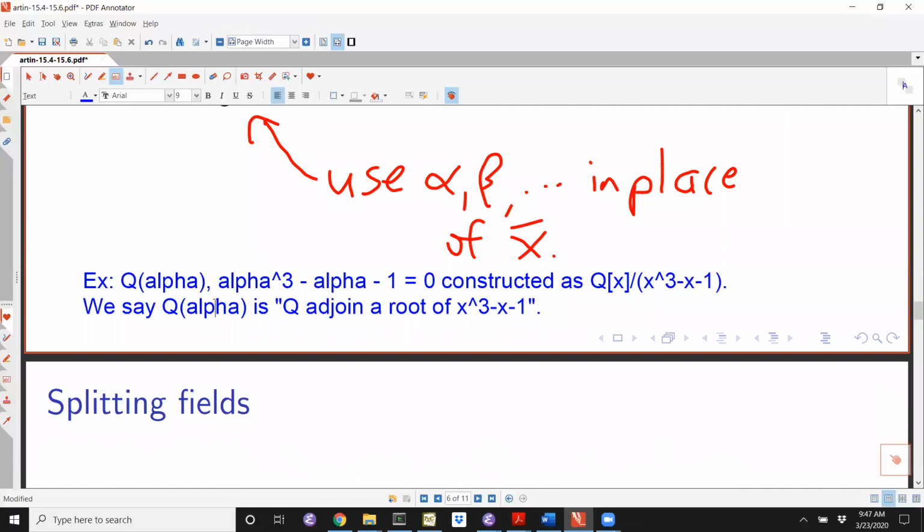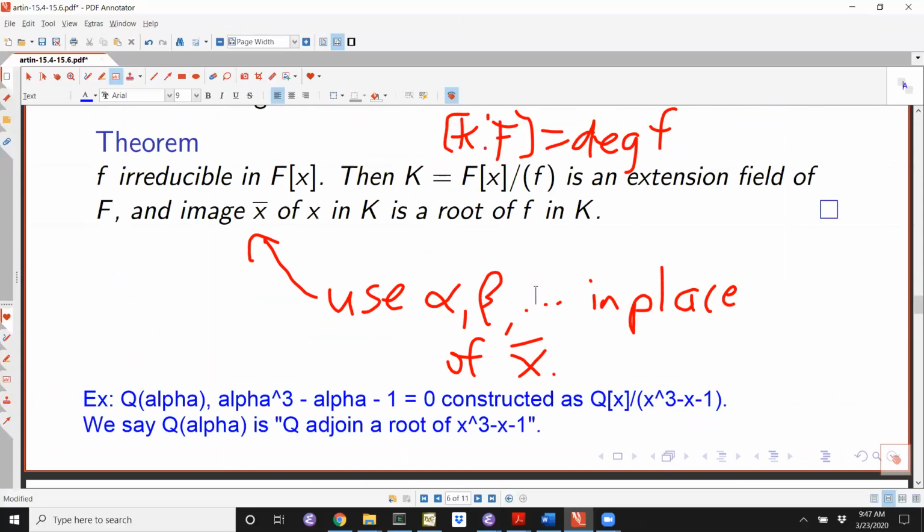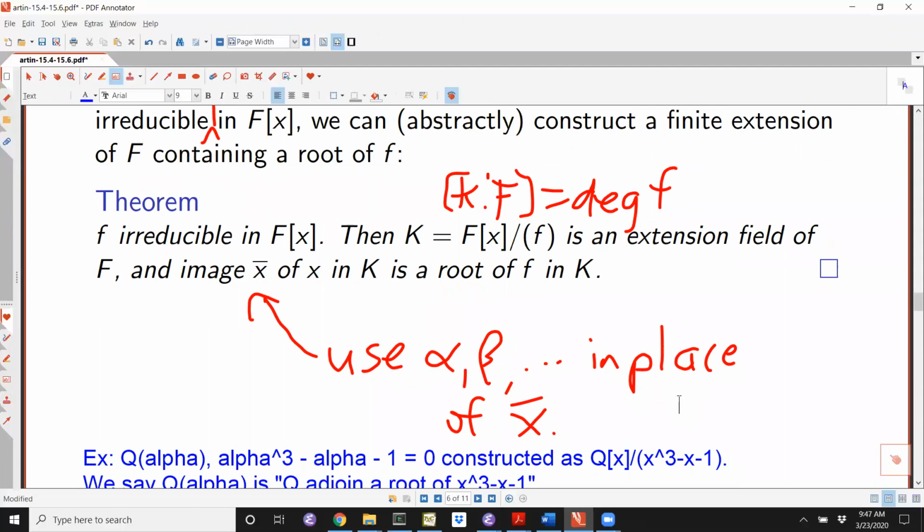So how do I construct an extension of Q that has a root of x cubed minus x minus 1? Well, I do exactly this. Thanks for asking, Apurva. Okay, any other questions at the moment?